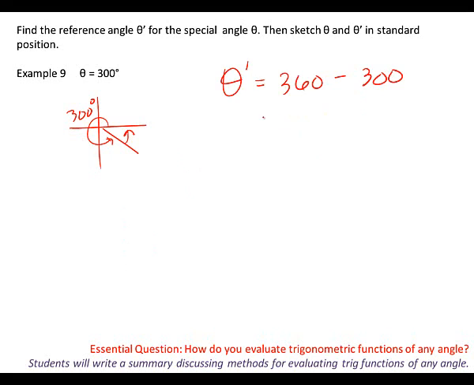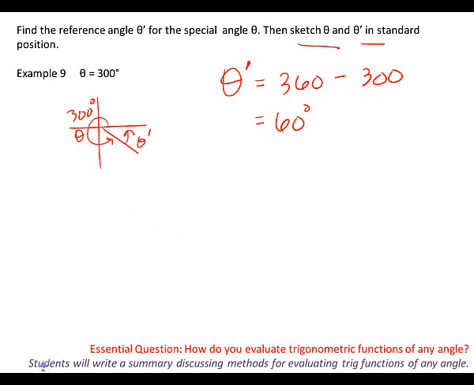So what's 360 minus 300? 60. And you see that little mark? That is what they're using to stand for the reference angle. They use that little prime symbol to stand for that, okay? In the process of doing the problem, I already sketched theta and theta prime, didn't I? Because that was theta and this was theta prime, okay?